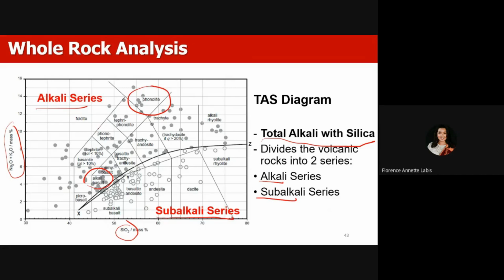So ma'am, what is the importance? What information can we get here? The information you can get here is actually a lot. It's not just the different types of basalts but also the basalts that are formed along mid-oceanic ridges or in subduction zones.